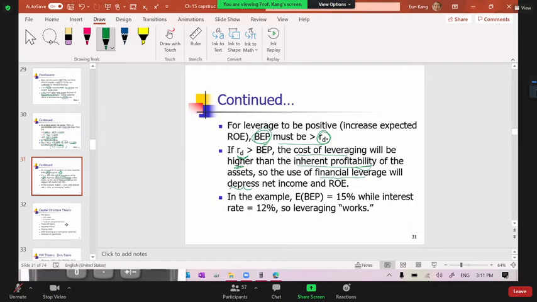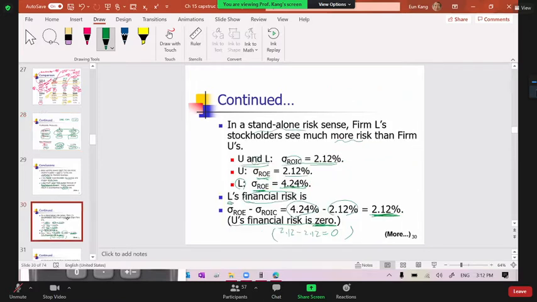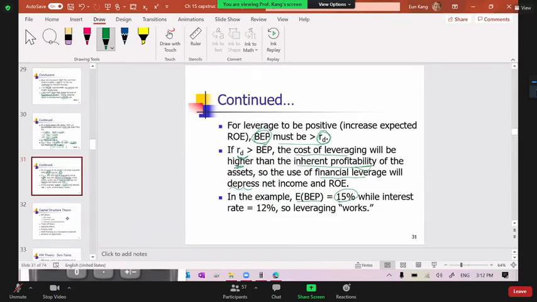In this example, expected BEP is 15%, which is greater than 12%. So leveraging works.